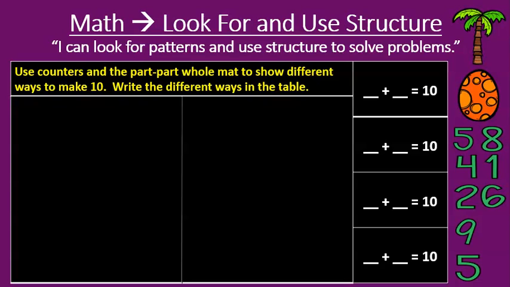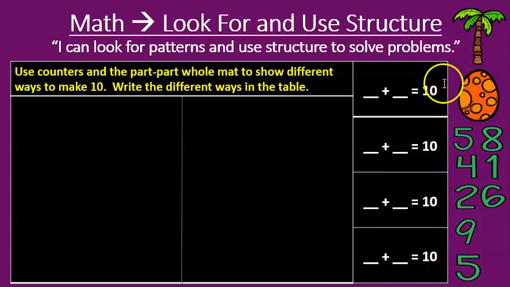I want you to pay close attention, okay? I want you to copy down your math title right here, okay? Copy that down onto your paper. And then I want you to copy down your I can statement right here. Once you're done with that, boys and girls, I want you to draw your part whole mat right here.